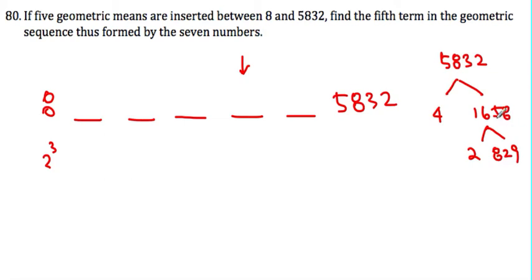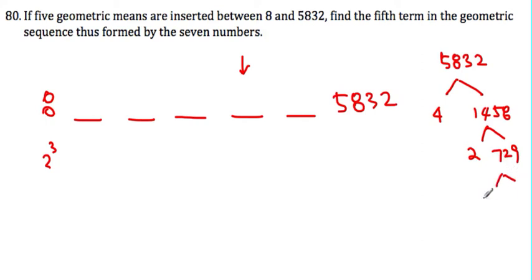Now, in this case, if you divide by 4, I'm sorry, I made a silly mistake here. Instead of 1, 6, 5, 8, this would have been 1, 4, 5, 8, and this becomes 729.